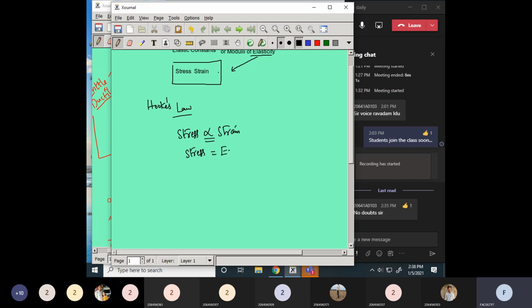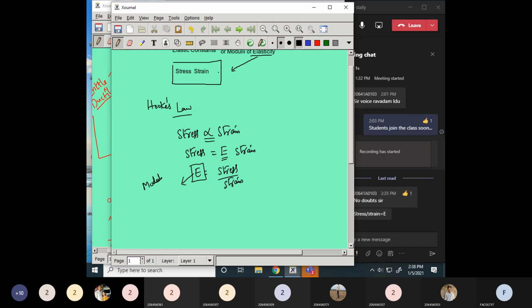I will take some E as a constant, into strain. Now here E can be given as stress by strain. So here E we are going to consider as the modulus of elasticity.